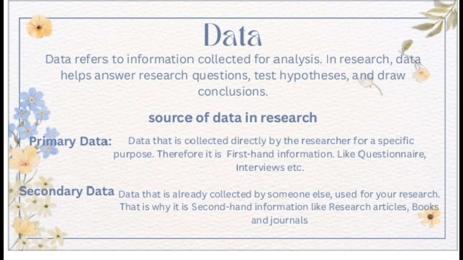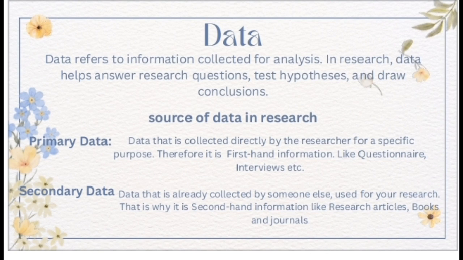Primary data is the data which we get directly from the participants. Like if I go to the students of second year and I interview them, or I send them a questionnaire, that means I am collecting the data directly from my participants or my target audience.